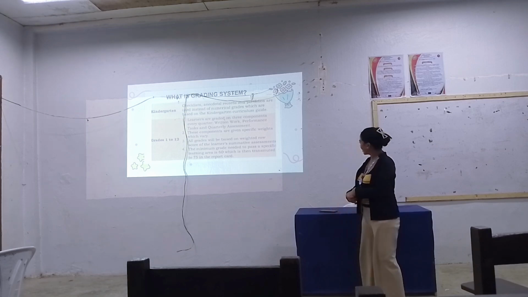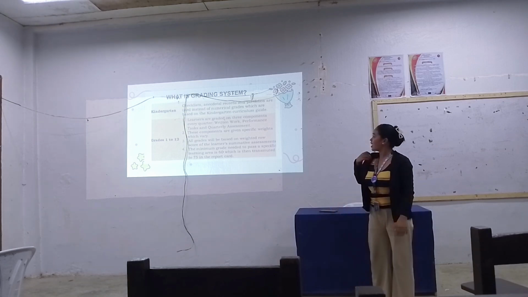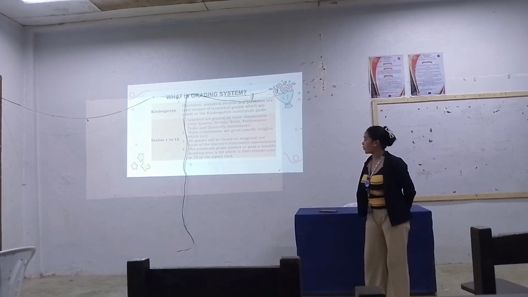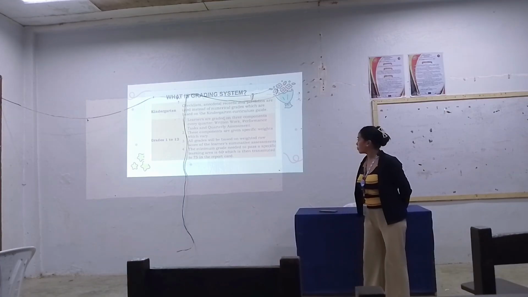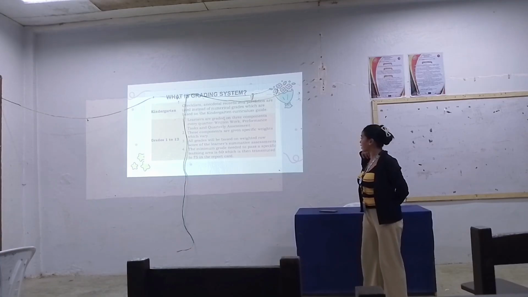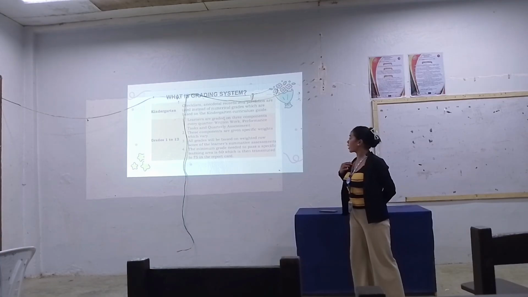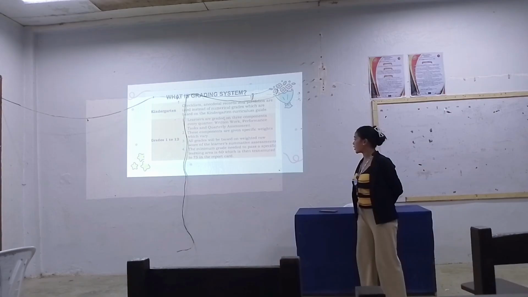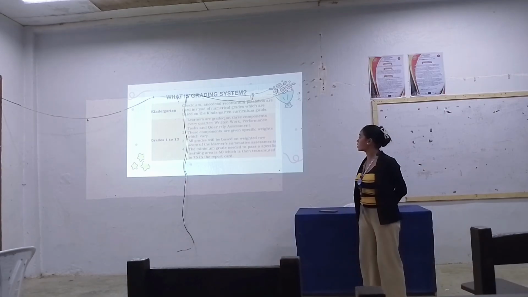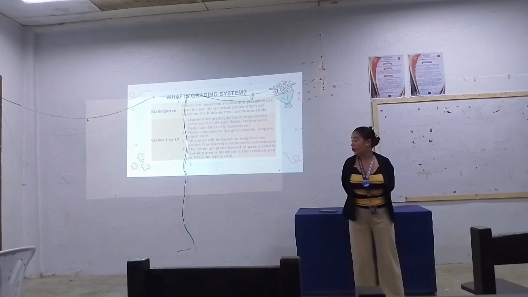Then, next is the quarterly assessment. These components are given specific weights that vary. All grades will be based on the weighted raw score of the learner's summative assessments. The minimum grade needed to pass a specific learning area is 60, which is then transmuted to 75 in the report card.